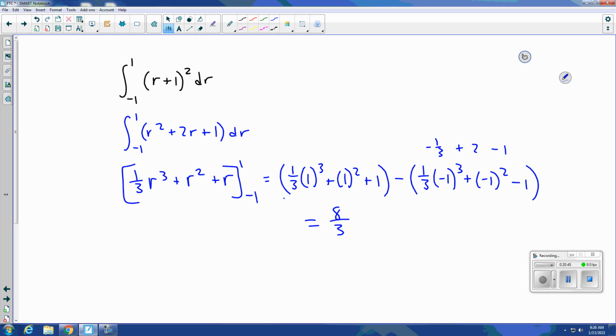So minus 2/3, which equals 6/3, which is equal to 2. Oops, sorry. We have a mistake here. Negative 1 squared is not 2, but rather 1. So we're going to have 2/3 minus 3/3.